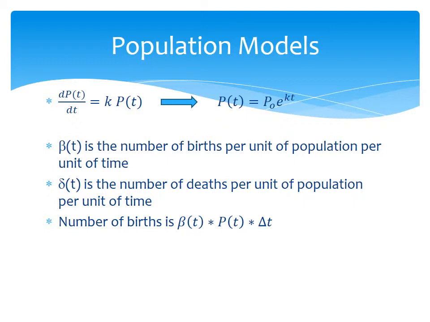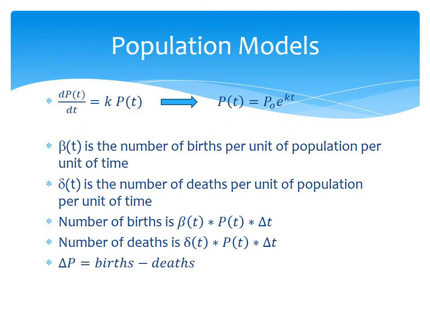And to actually get the total number of births that happen, we have to multiply our beta times the actual population at that time times the change in time at which those births occurred. To actually get the same number of deaths, we have to multiply our delta by the actual population at that time times the change in time over which the deaths occur.